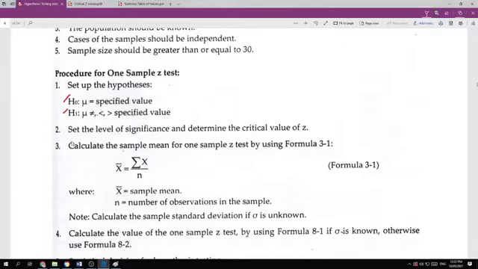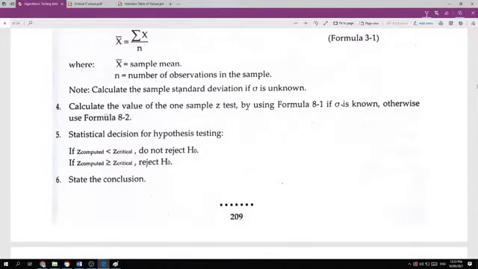Now, number 2, set the level of significance and determine the critical value of z. Number 3, calculate the sample mean if it's not given. If it's given, then just simply identify what the sample mean is. Number 4, calculate the value of the sample z using the formula we have mentioned a while ago. And number 5, we have here the decision making.